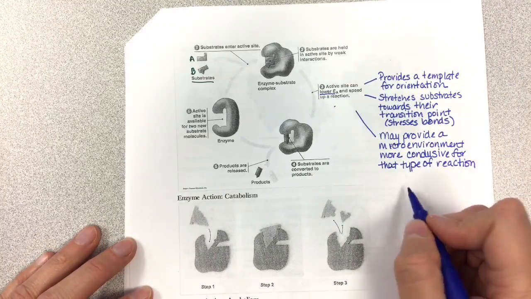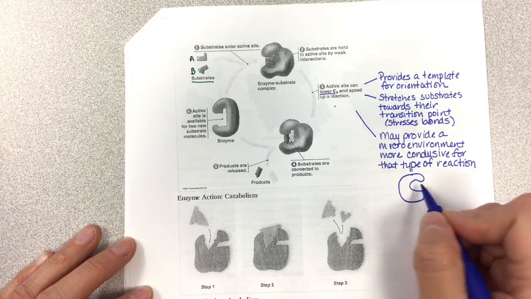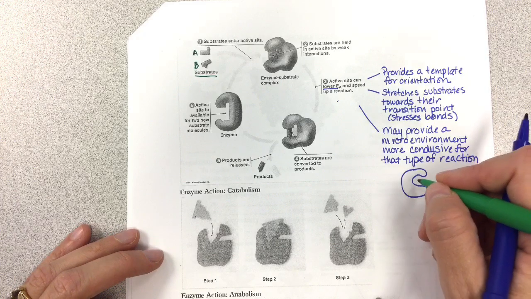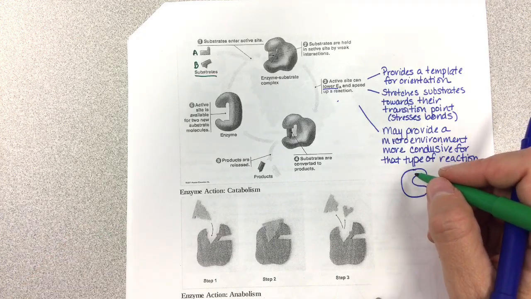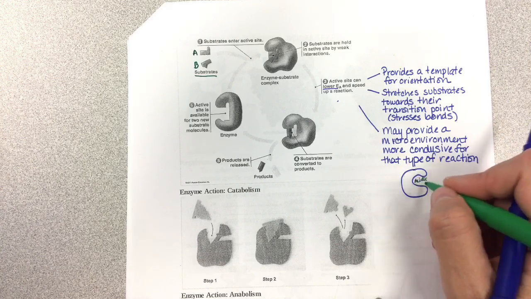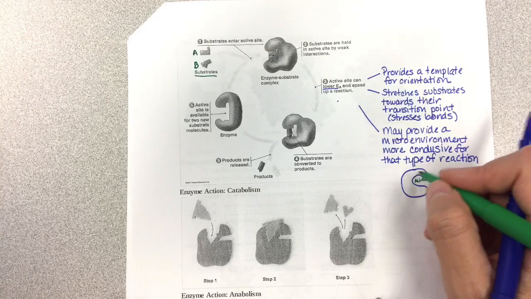So what does that mean? So in here, it may make the R groups of the amino acid chain create a little microenvironment that makes it more acidic just in here in the active site.